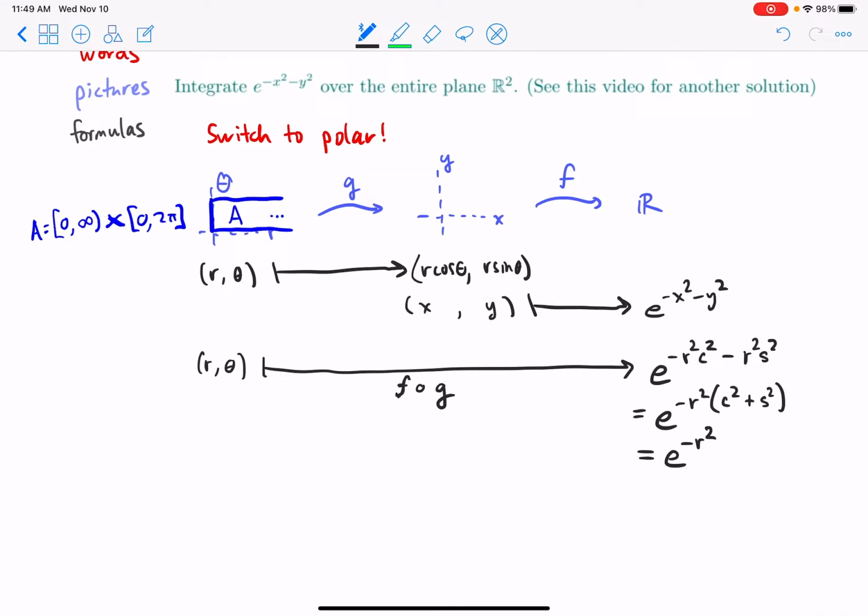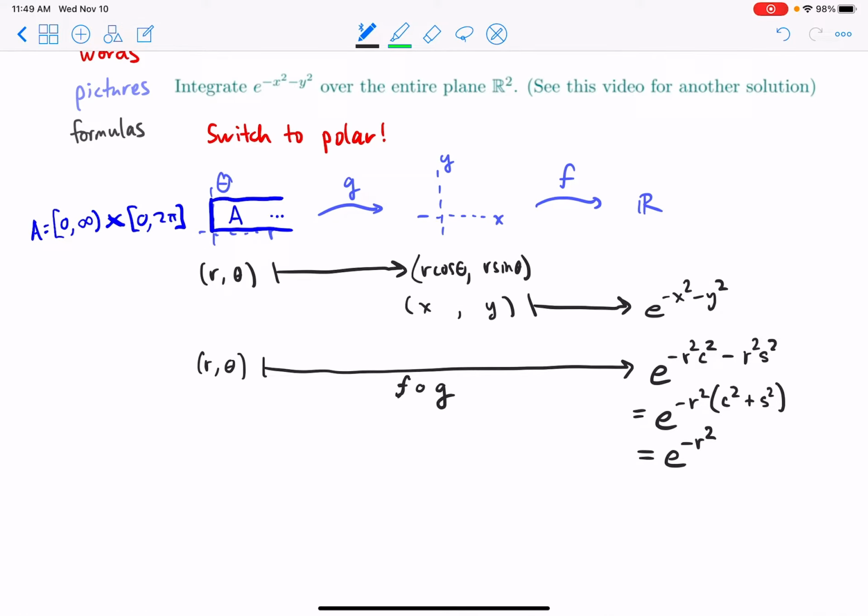So we're really just going to have the 2 columns of the Jacobian, and let's compute them. W1 basically comes from partial r. I just take partial r of these, and I get cos, sine.